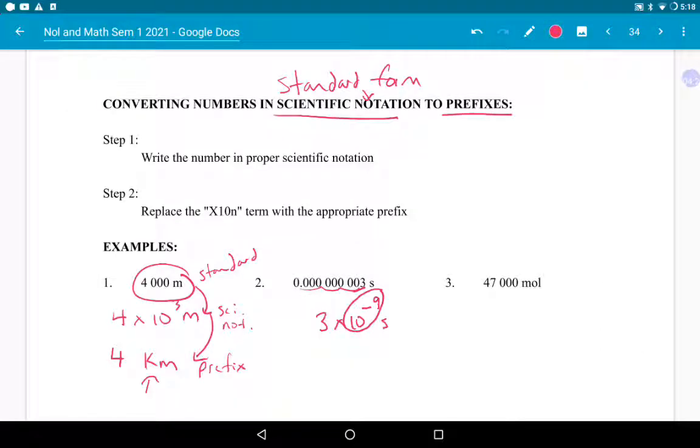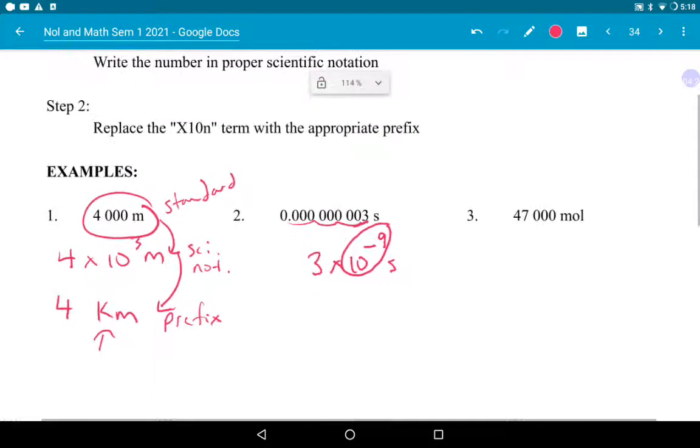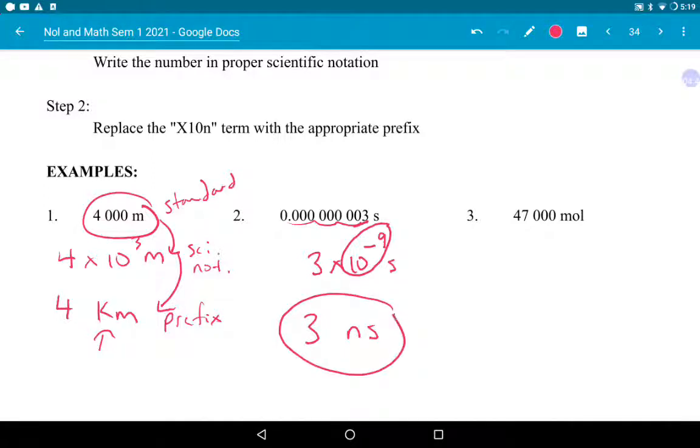Nanometers are fairly common. It's a fairly common time unit, and it's a fairly common length unit. So 3 nanoseconds. So say you're reading a physics textbook and you come across this here, you should know that it really represents this value, 3 nanoseconds. A lot of people get stuck on that right away.